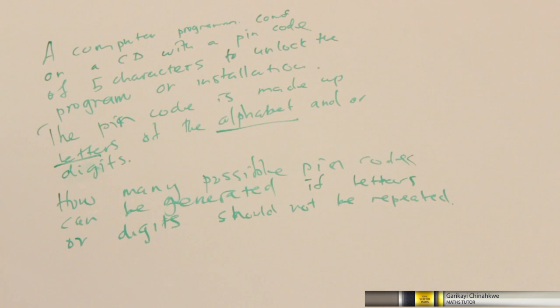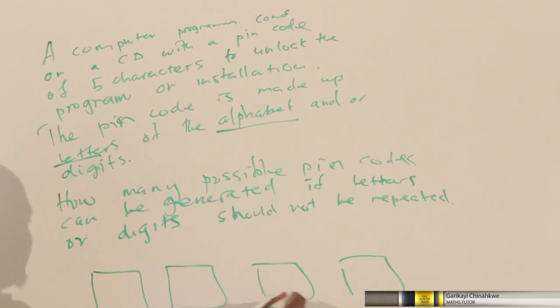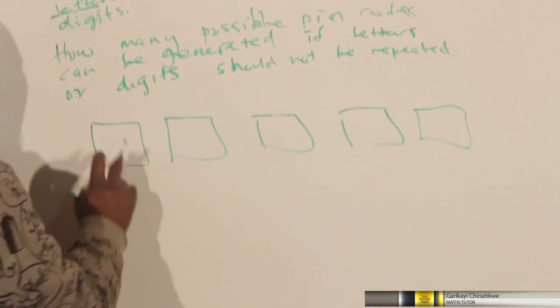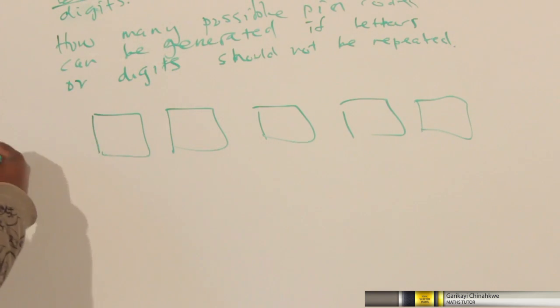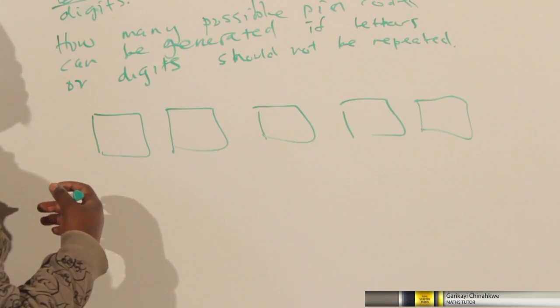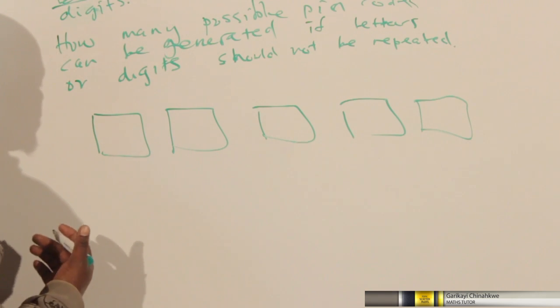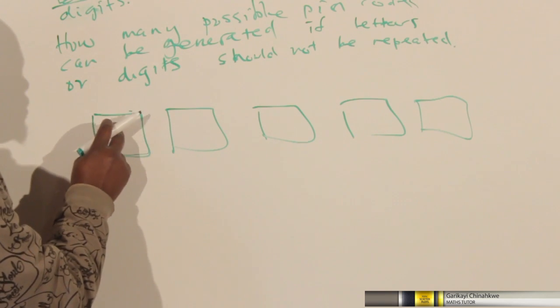So first of all, you know that it is a 5-character pin code, so we are going to have 5 spaces where we punch in these codes. Letters and digits cannot be repeated.